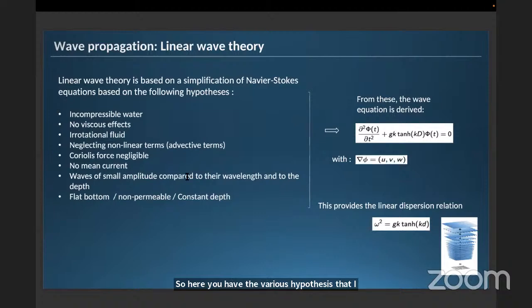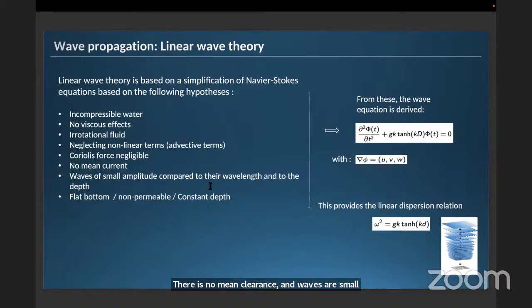So incompressible water, no viscous effect, irrotational fluid, neglecting nonlinear terms. The Coriolis force is considered negligible. There is no mean current, and waves are of small amplitude compared to their wavelength. And we have a flat bottom, non-permeable, and constant depth seabed.